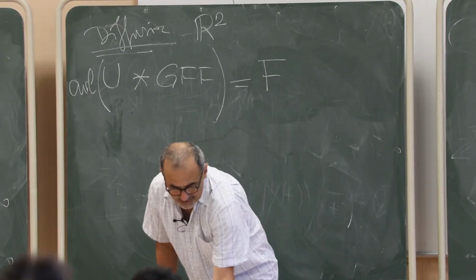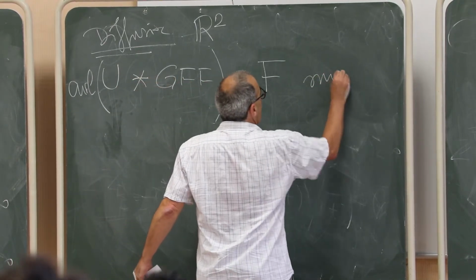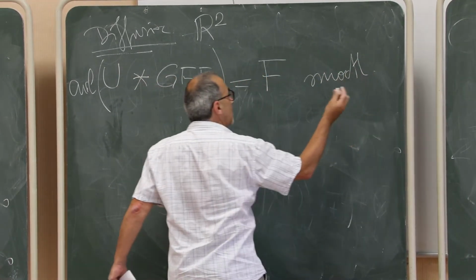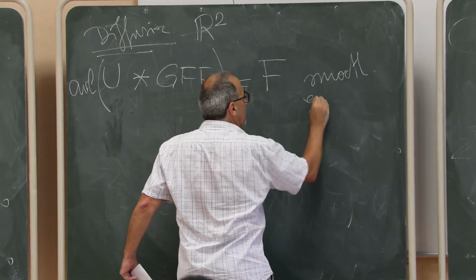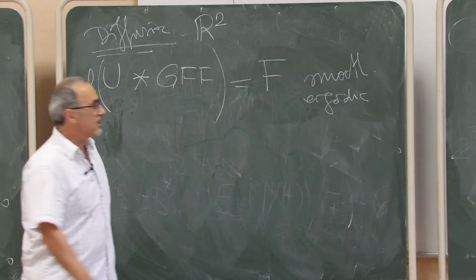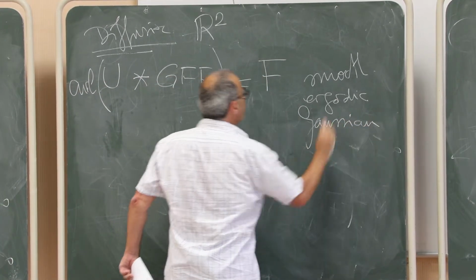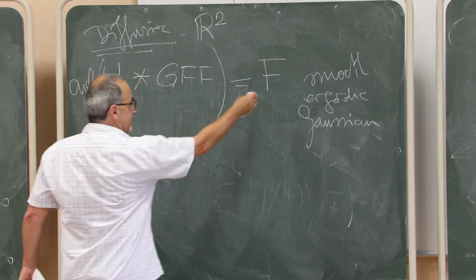So f is Gaussian, f is smooth, ergodic with respect to space translations, Gaussian vector field. So this is a vector field.